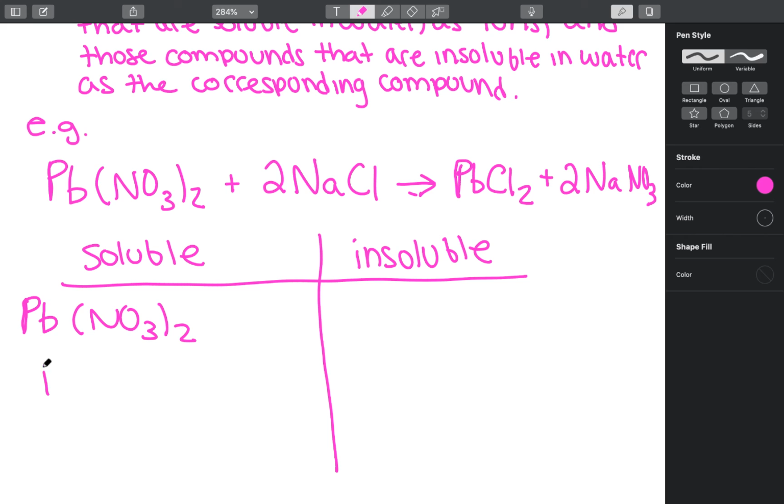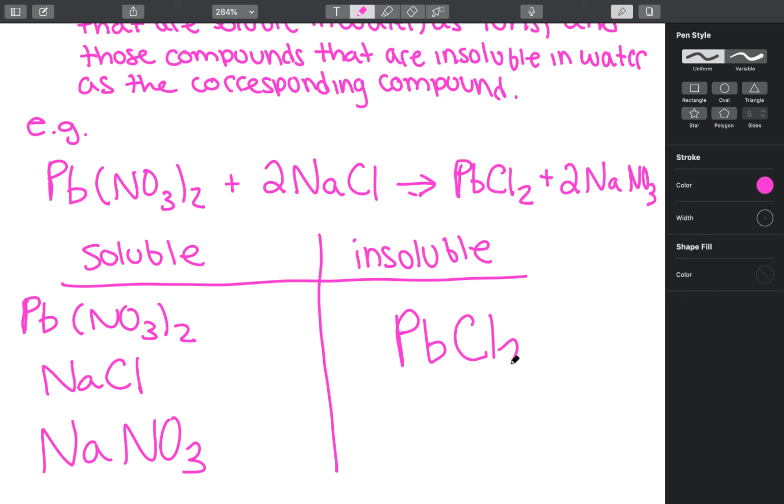The next one will be sodium chloride, and you should know this from experience. And so all group 1A metals are soluble. And then, of course, sodium nitrate is soluble as well. And the only insoluble compound is lead chloride. So lead chloride is insoluble.